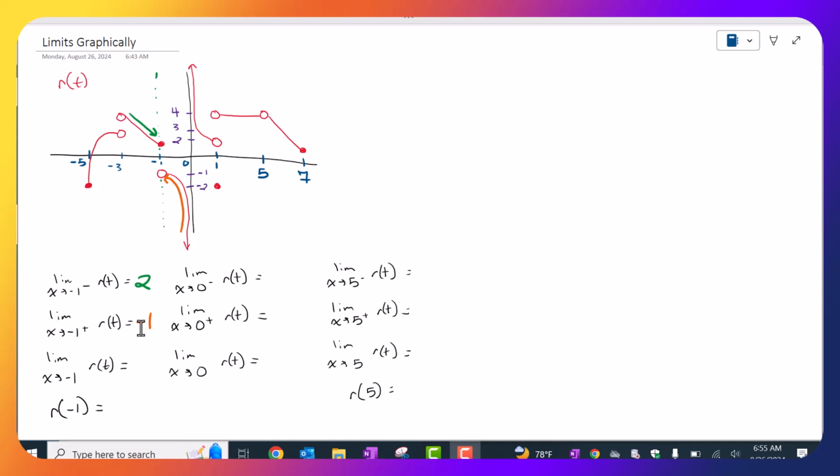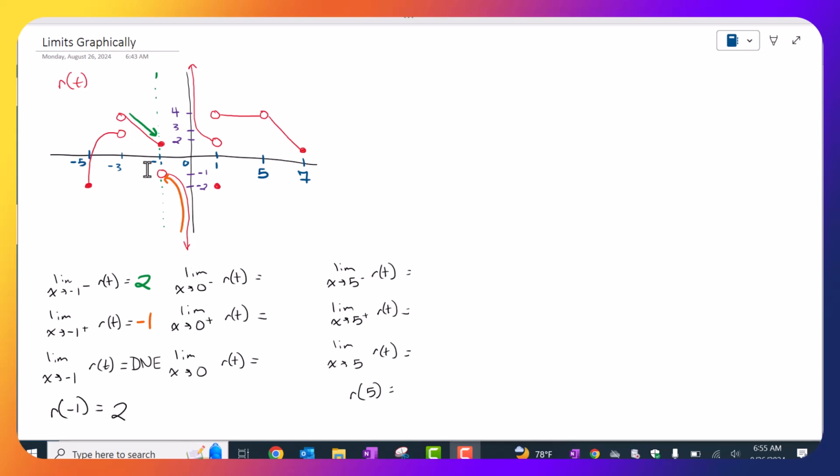And so this whole limit does not exist. And then because I still want us to be familiar with the function's value at r of -1, we're looking at the closed dot. So at r of -1, we have an output value of 2.